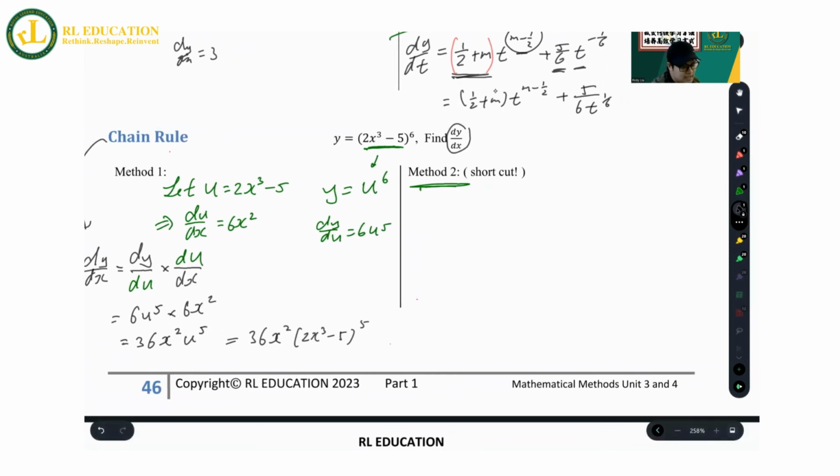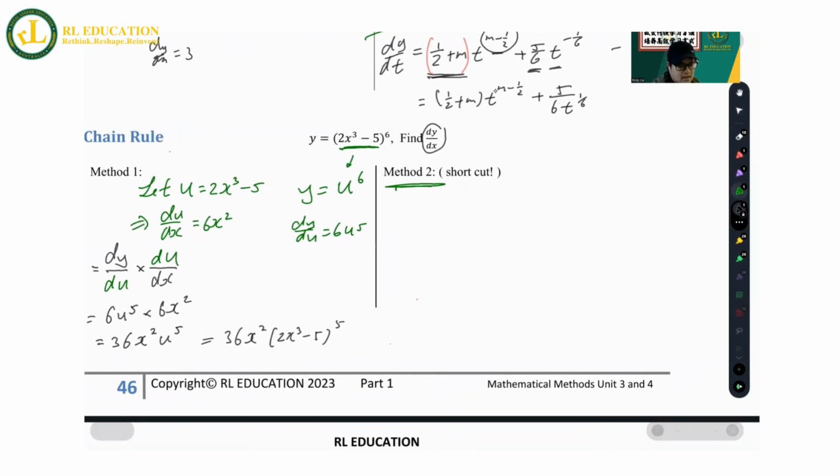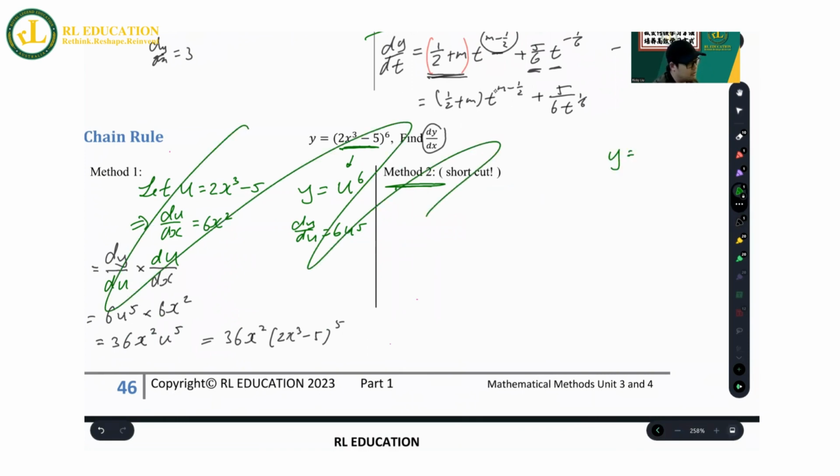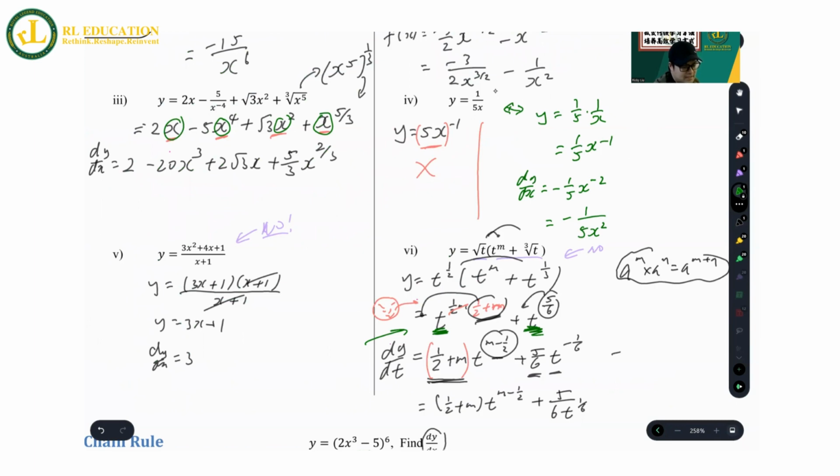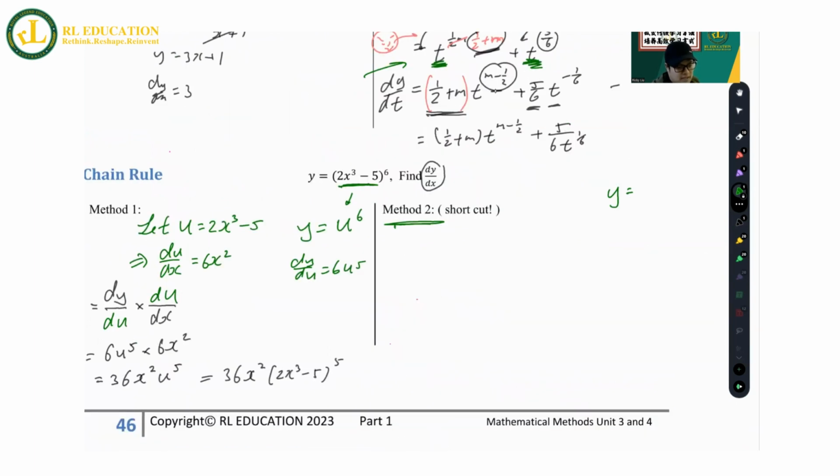Then what's the logic for this? Give me a chance, let me explain. Believe it or not, before you learn this, you've been using chain rule for all these questions. You just don't know you're using it. Why do I say that? I'll give you an example. For example, if you're dealing with y equals x to the power 12, I want to differentiate that. Then what I do is dy dx equals drop down the power, copy the base, and the power take 1.